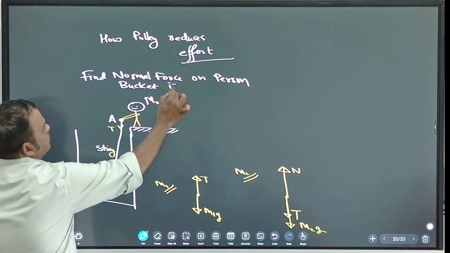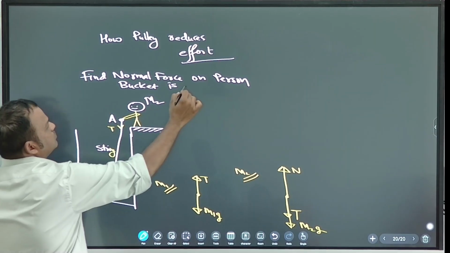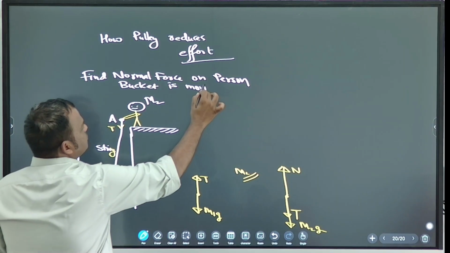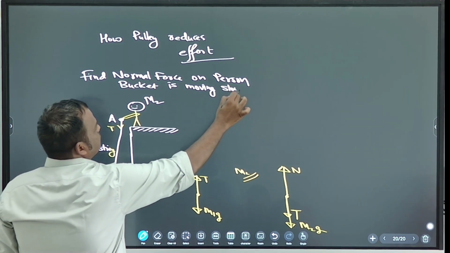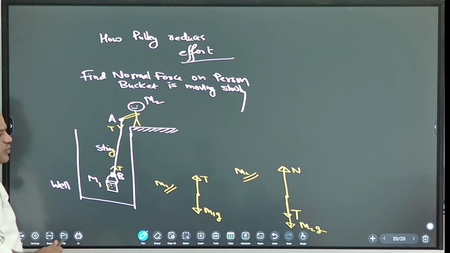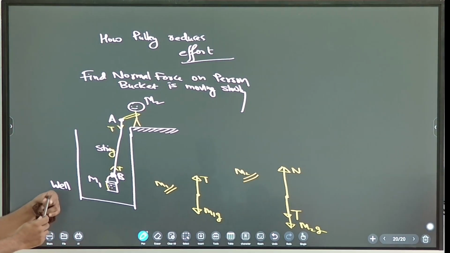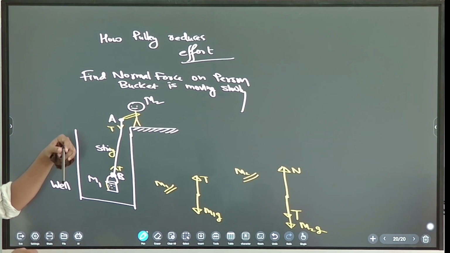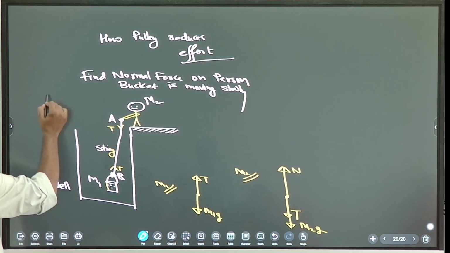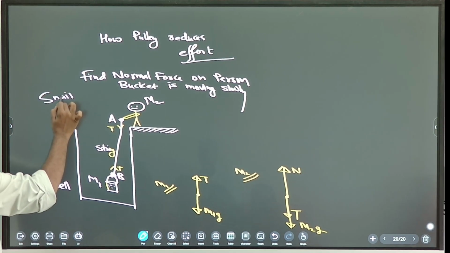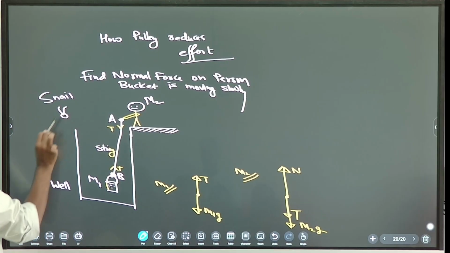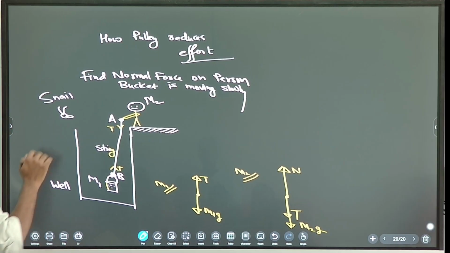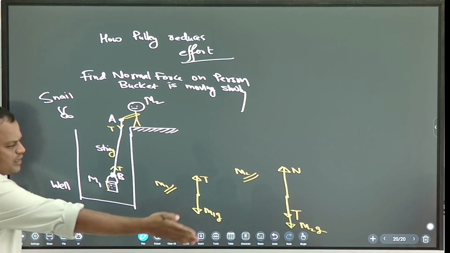Now the bucket is pulled slowly. Moving slowly means almost at rest. Like one insect, the snail, right? Do they move fast or very slow? Very slow, correct? The whole day they will go from here to here only.